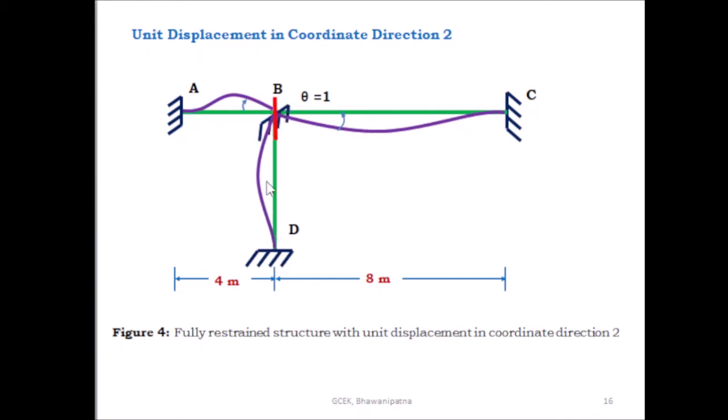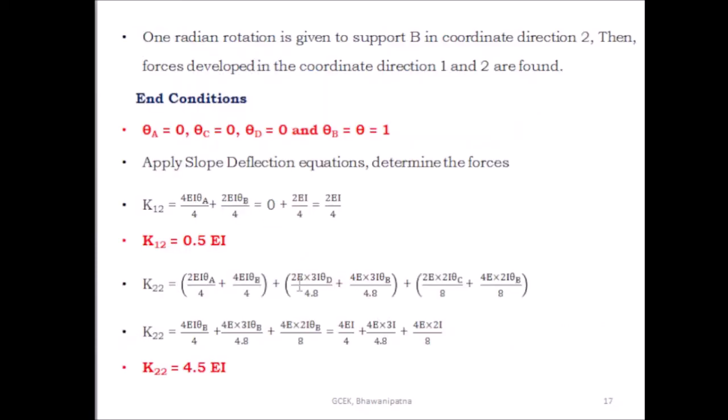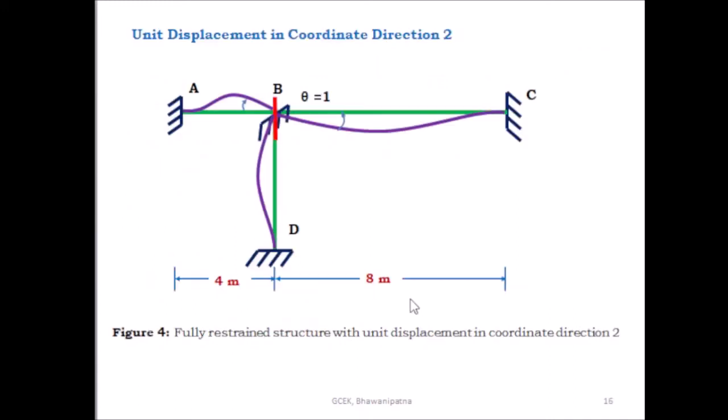But here the I is given as 3I for the BD span, so you have to put 3I: 2E into 3I theta D by 4.8 plus 4E into 3I theta B by 4.8. Then take span BC. What is the slope deflection equation?